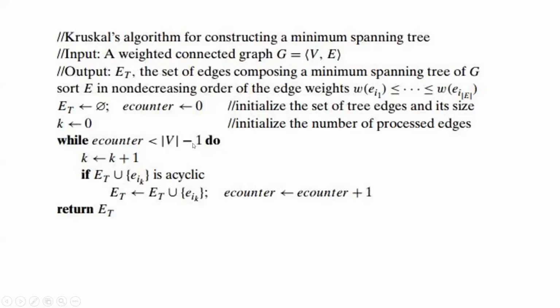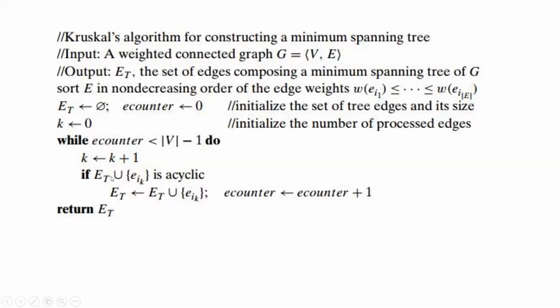As we have discussed already, the number of edges in the spanning tree is exactly one less than the number of total vertices. So till the count is less than number of vertices minus 1, we must go on repeating, and finally we'll have some edges in the selected edge set and we must return that.